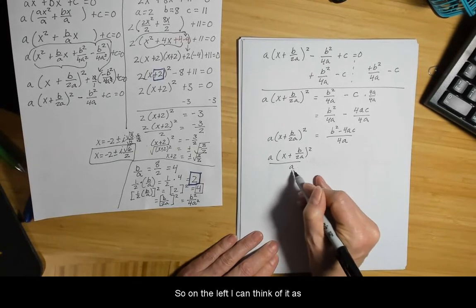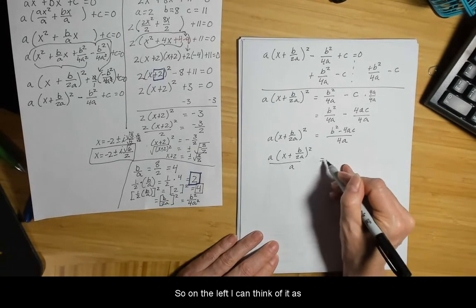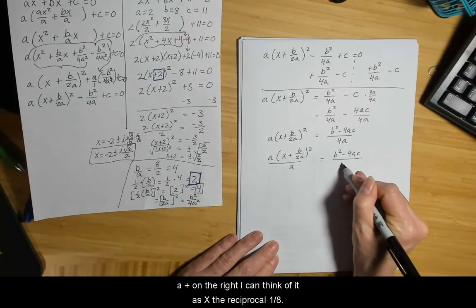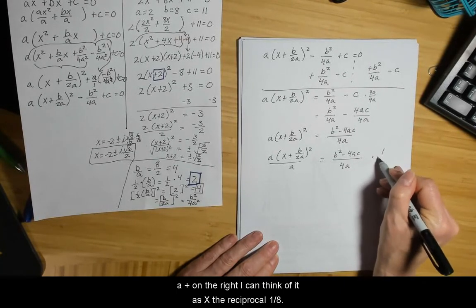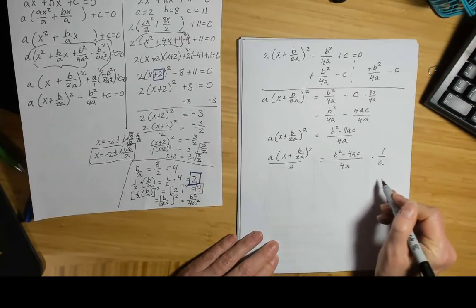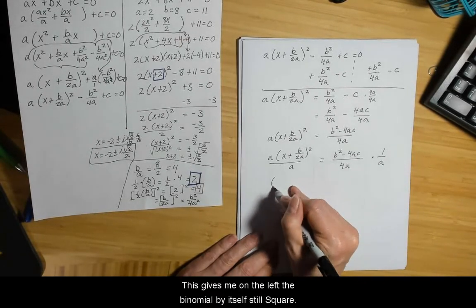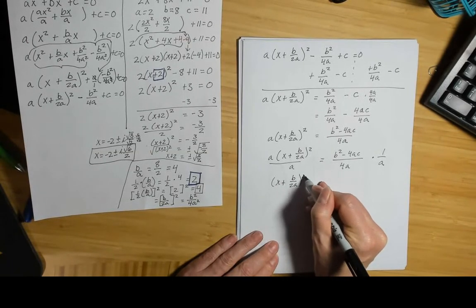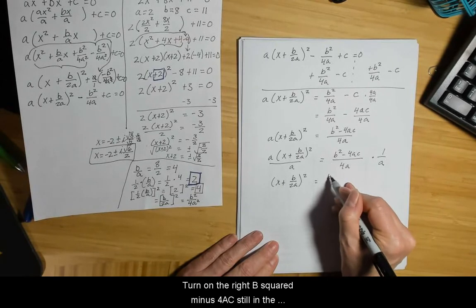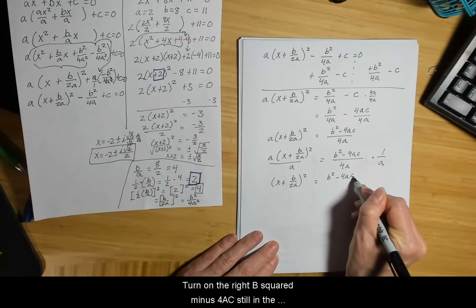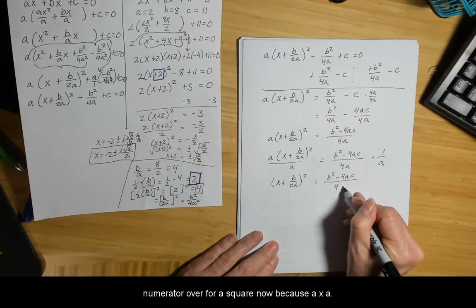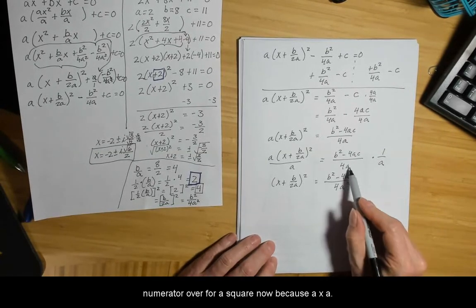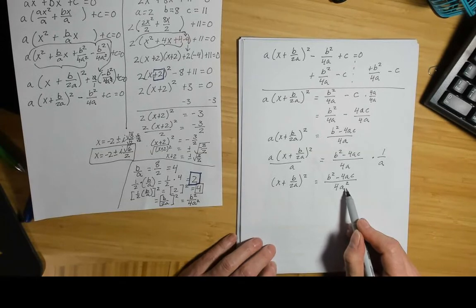So on the left, I can think of it as divide by a, and on the right, I can think of it as multiply by the reciprocal, 1 divided by a. This gives me, on the left, the binomial by itself, still squared, and on the right, b squared minus 4ac still in the numerator over 4a squared now, because a times a gives me a squared.